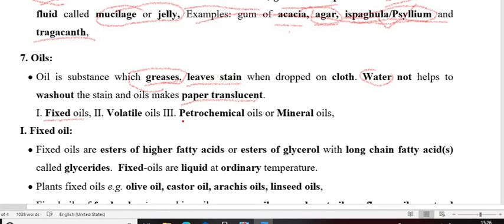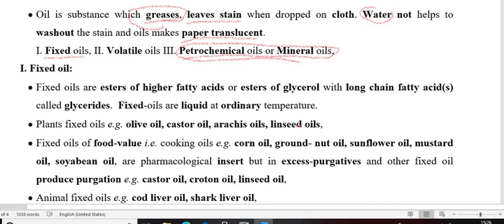And if the oil is isolated from the ground, we call it mineral oil or petrochemical oil. So there are three types of oil based upon their physical property and isolation: fixed oils, volatile oils, and petrochemical or mineral oils.